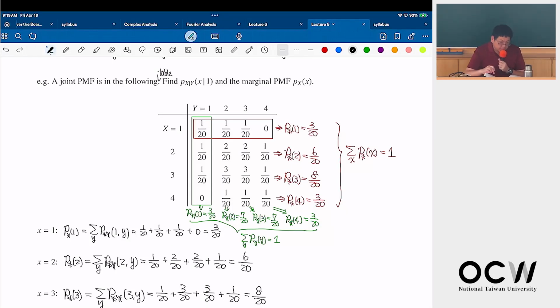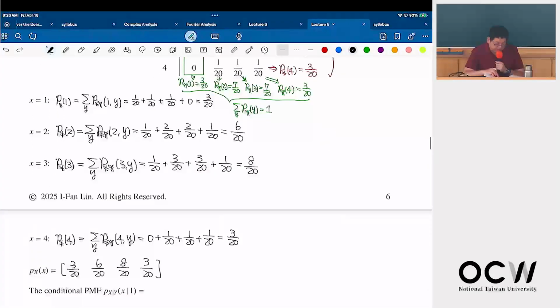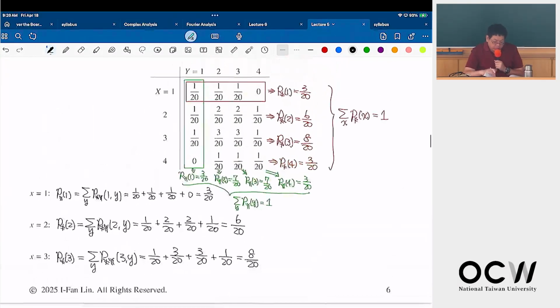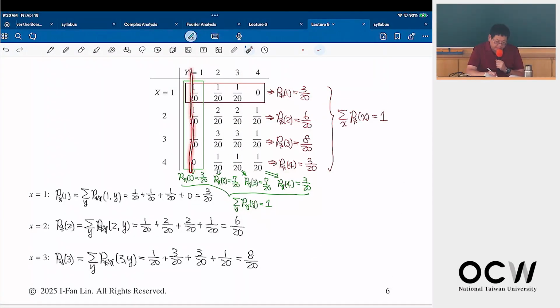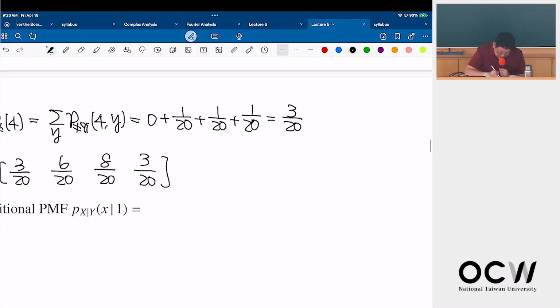Okay, so now let's see the conditional PMF. So we have the marginal PMF of x. Now how about the conditional PMF of x given y equals 1? So y equals 1, that's fixed. Then the conditional PMF is the joint PMF of x and y equals 1 divided by the marginal PMF of y at 1.